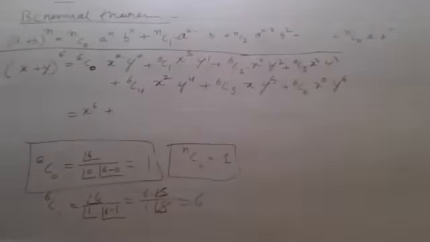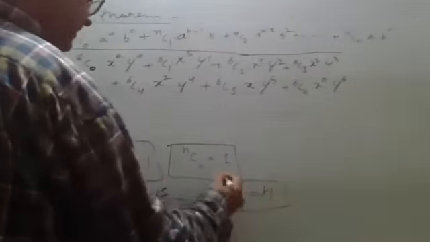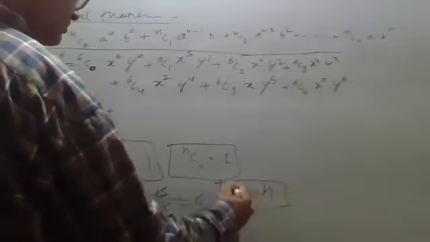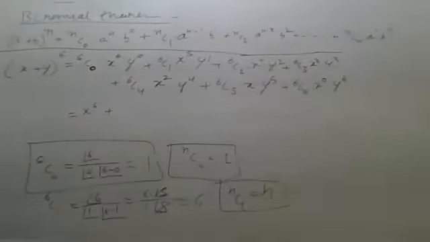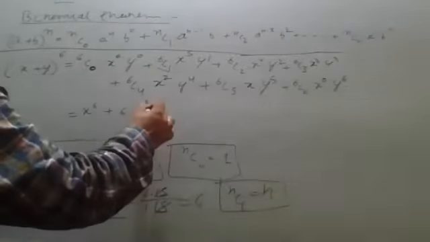Now remember one more formula: nC1 equals n. So 6C1 term is 6 x to the power 5 into y. Is that clear to you?